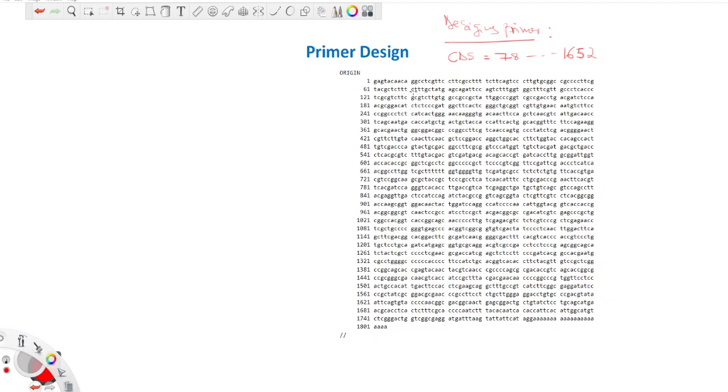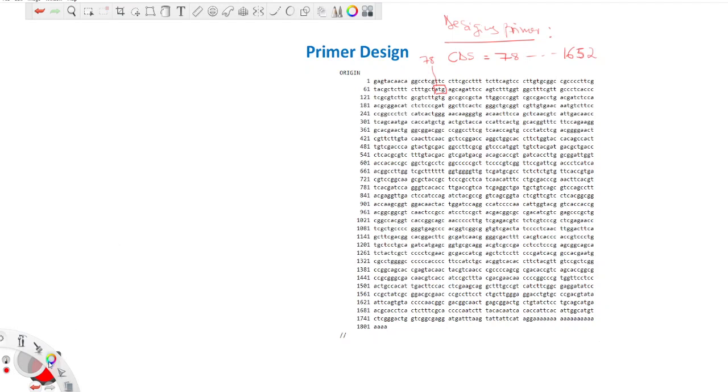If you count 1, 2, 3, 4, 5, 6, 7, 8, you should land on this ATG. So the first A that you see here is actually position 78, and I took it as a full codon because I want to make sure that it is a region that codes for something.